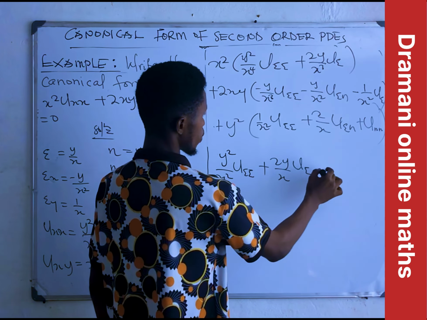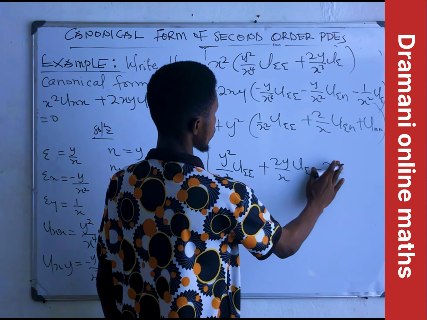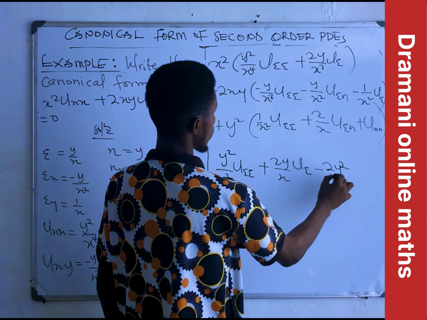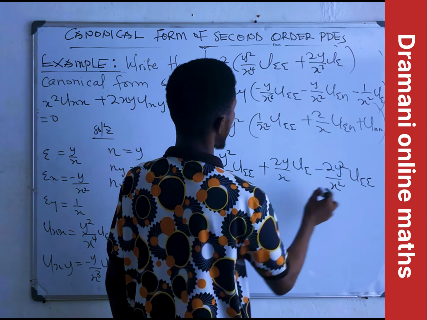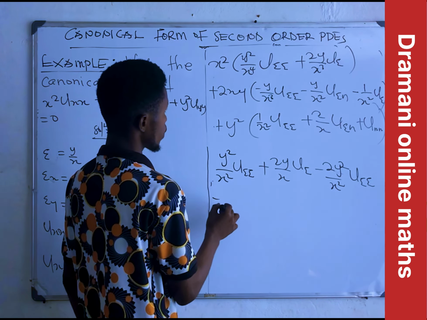So what happened here is I'm going to have 2y squared, okay, over x squared u xi. This multiplying this also becomes negative.